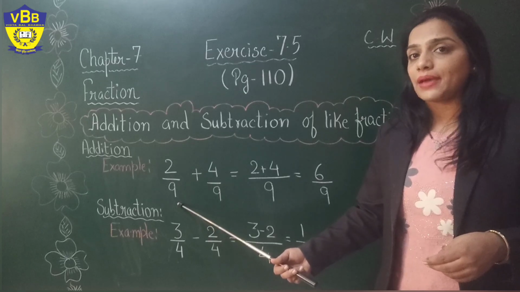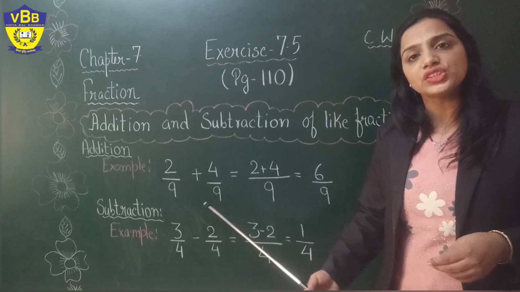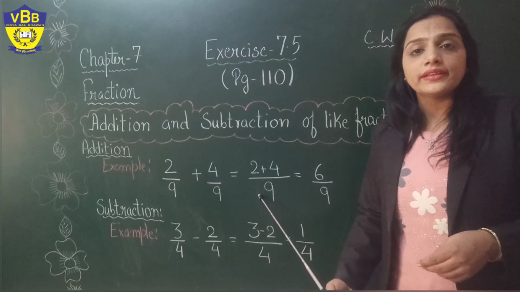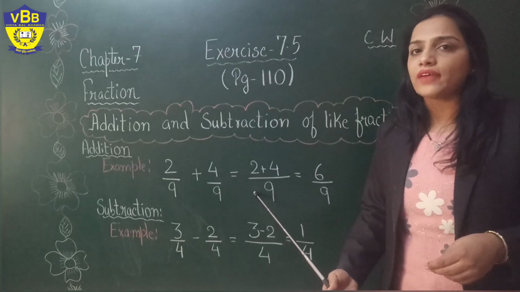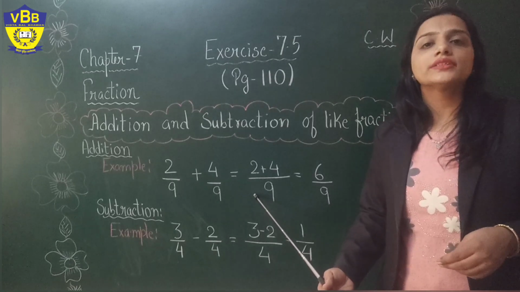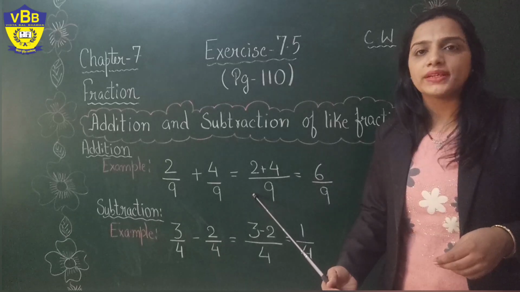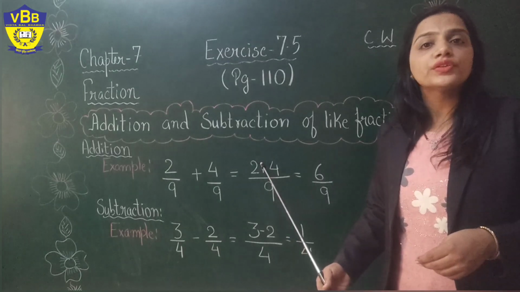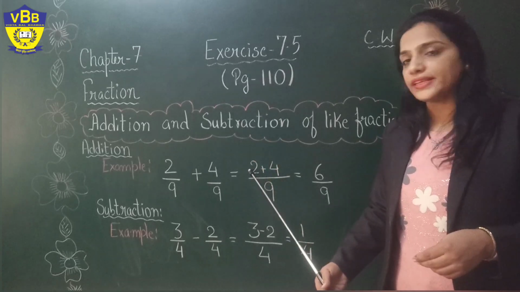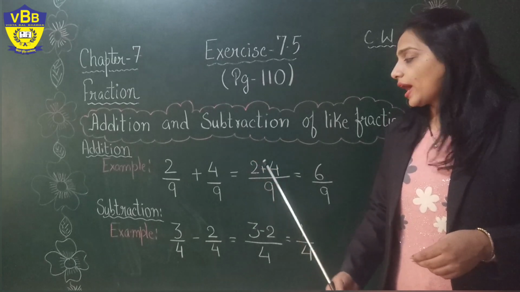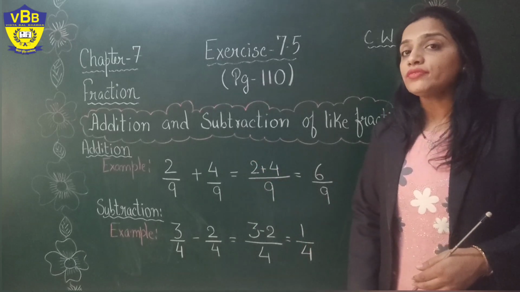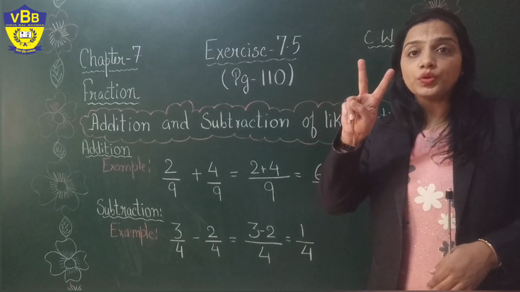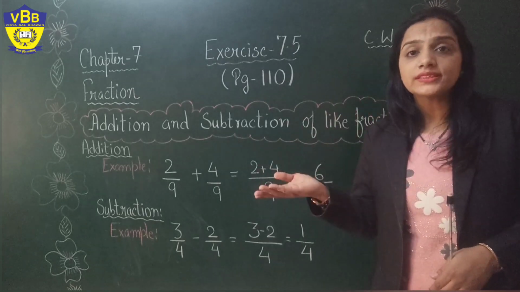Now the second step is to do the addition. In like fractions we don't have to do anything with the denominator value. It remains the same, but we have to add the numerator values, that is here 2 and 4. When we add 2 and 4, what does it come to?